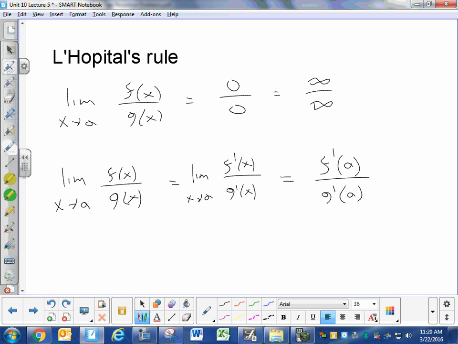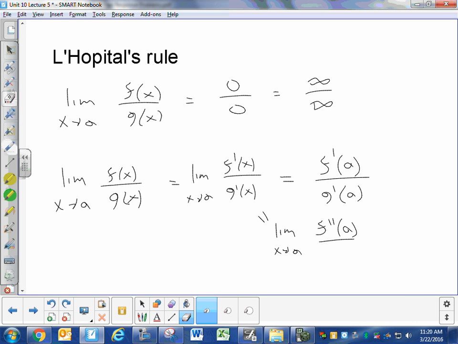Sometimes we'd have to simplify that. And this goes further. We could also say that's equal to the limit as x approaches a of the second derivative of f of x over the second derivative of g. And you could keep going. You could keep taking derivatives and finding slopes of tangents, and that'll help you find your limits. Okay?